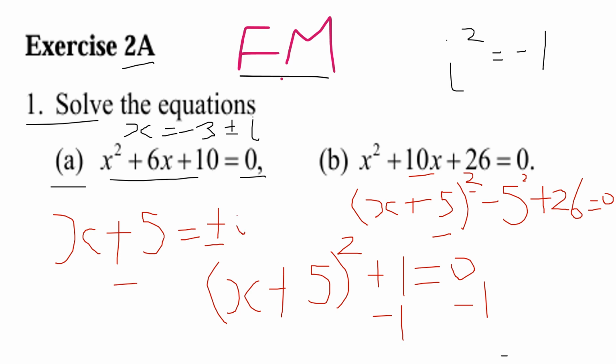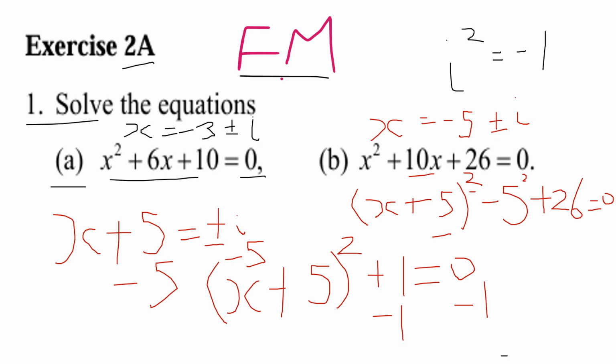Then I subtract 5 on both sides, so we have x is equal to minus 5 plus or minus i. And again, they are my two distinct complex roots.